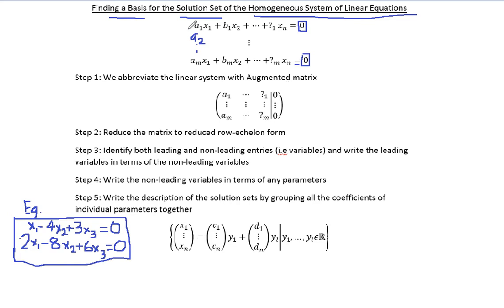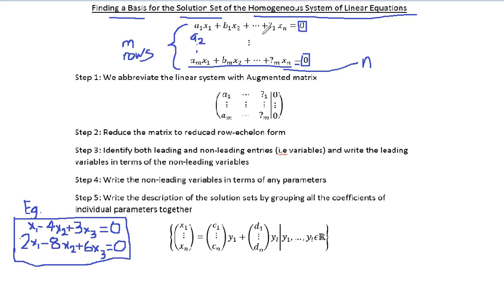So you will have altogether m number of rows, and here you have n number of columns.